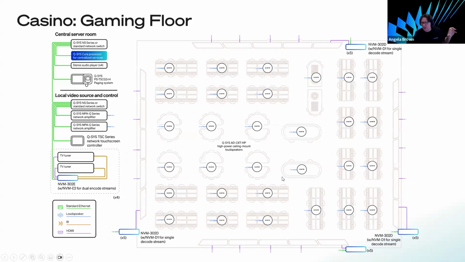We are actually running out of time, and you can find these on the website, so I'm not going to get into them, but I do think it's worth looking at all these different ways that you can incorporate NVM into your designs that maybe you would normally be using NV32s and NV21s. And these are definitely worth looking at.